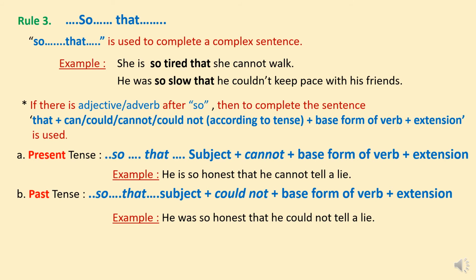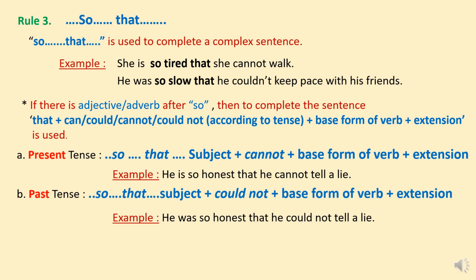Here students, we can see in the first clause he was is the past form of verb plus so plus adjective honest plus that plus subject plus could, the past form of verb, not tell a lie.